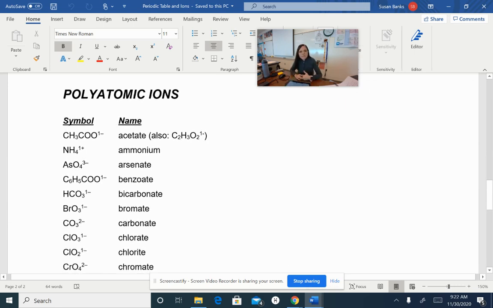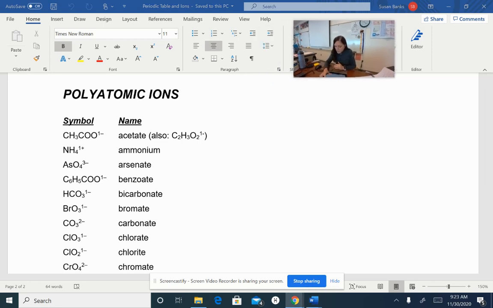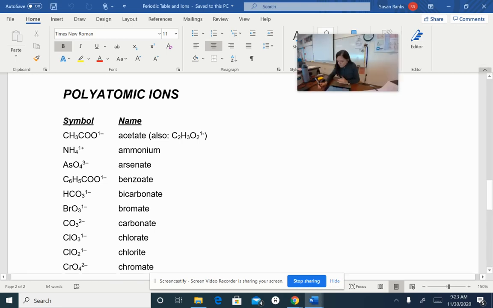Now, these are the ones that you are going to be familiar with for this class. And no, I do not expect you to memorize them. You will probably write enough formulas that you will memorize a good share of these by the time we're done with this class and writing formulas. So let's go over them really quickly, just give you an introduction to them.